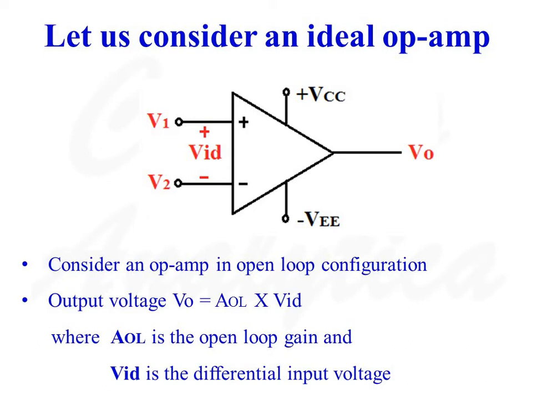So AOL is the open loop gain and VID is the differential input voltage. VID is equal to V1 minus V2, where V1 is the voltage at the non-inverting input and V2 is the notation for voltage at the inverting input.